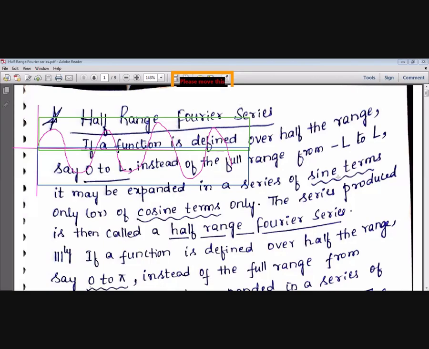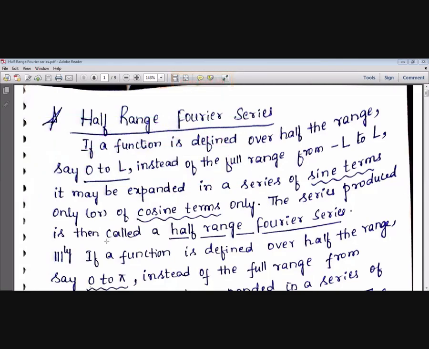Instead of from minus L to L, it is 0 to L. If it is half of that, then the series produced is called a half range Fourier series.